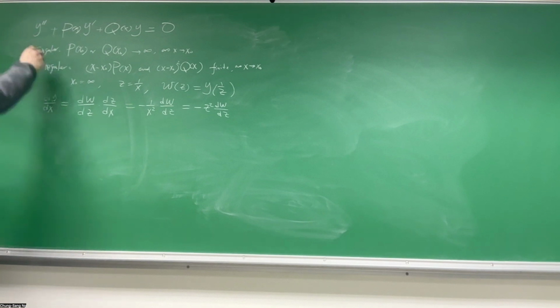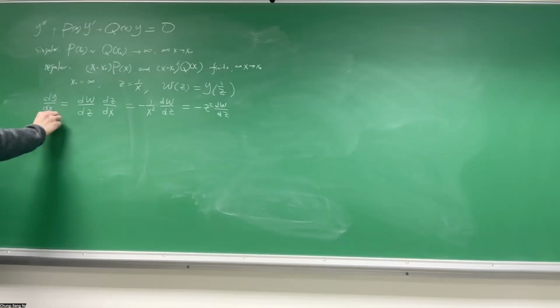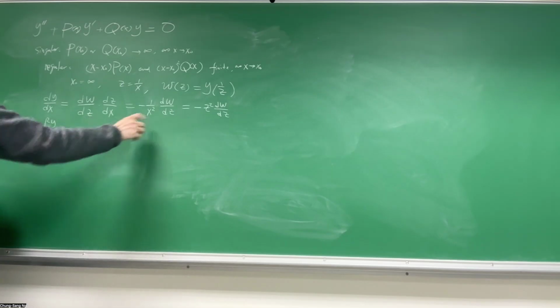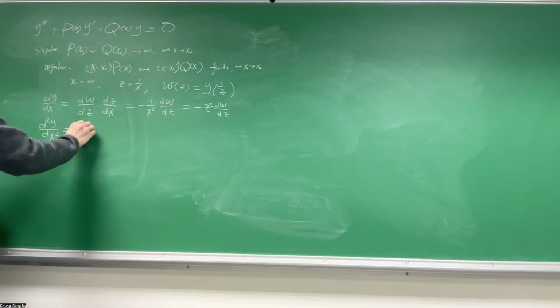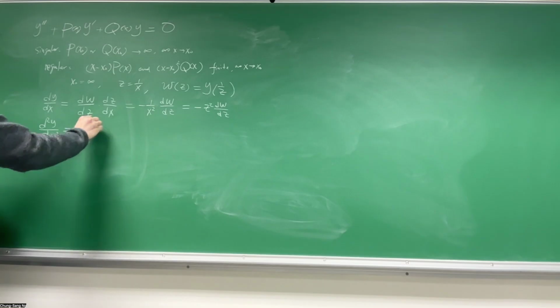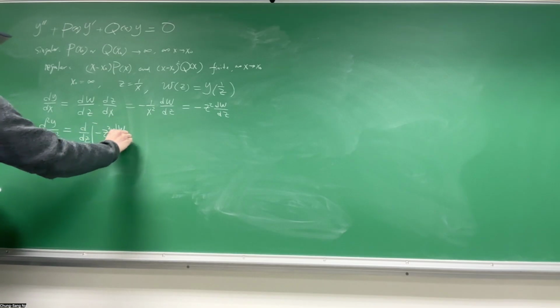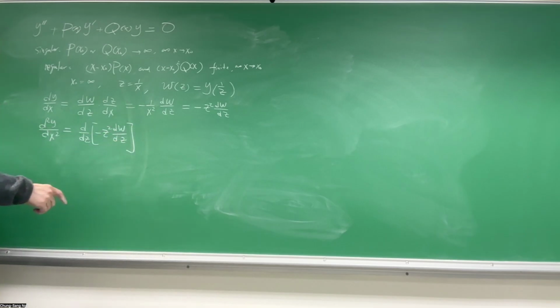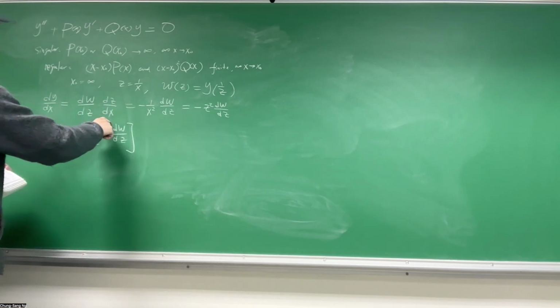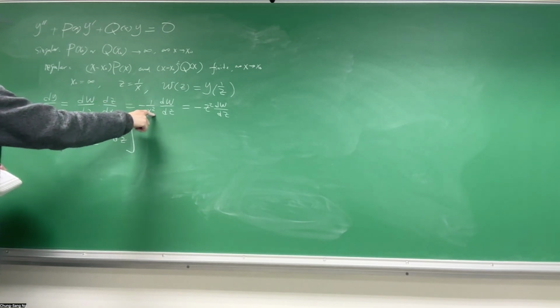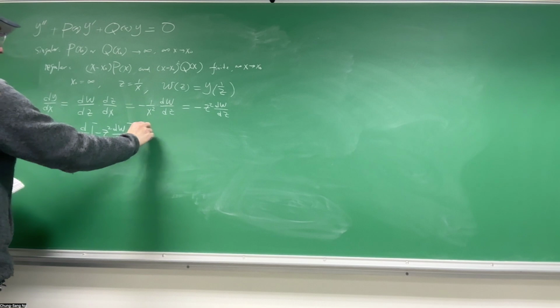Now you need the second derivative also. X squared. This will be this derivative over z, and multiplied by dz dx, which again is just minus z squared.